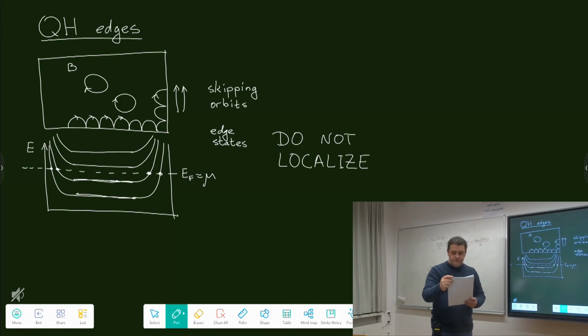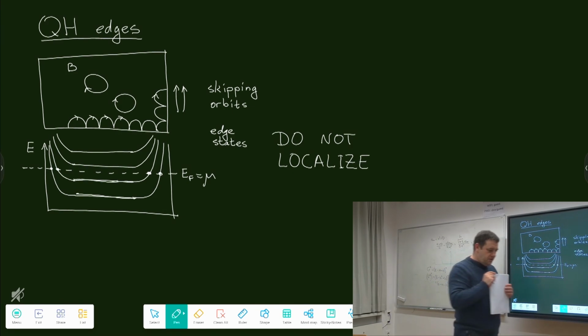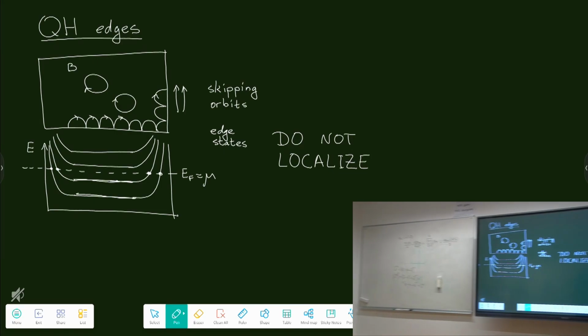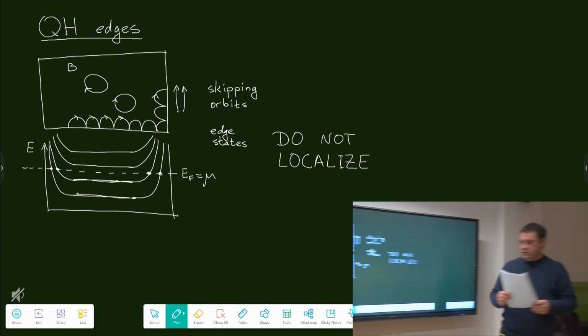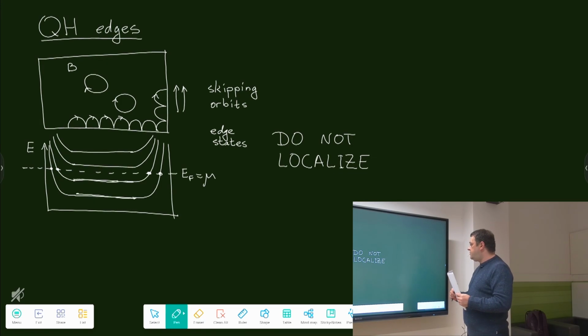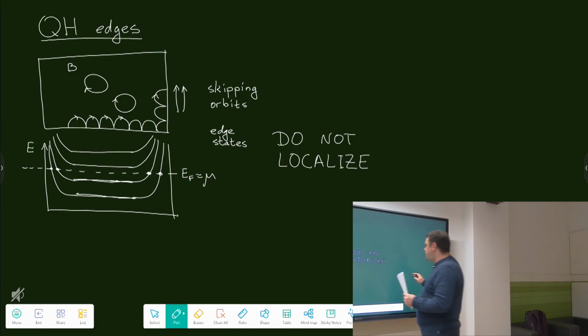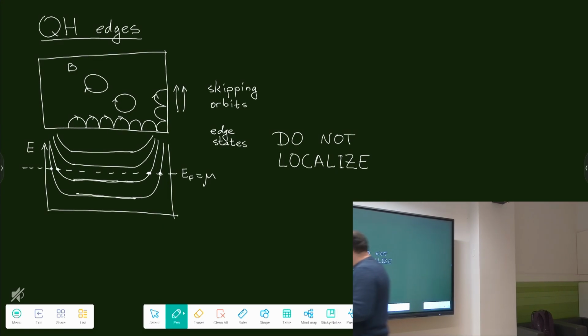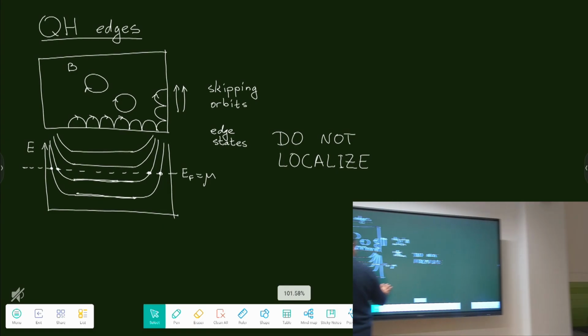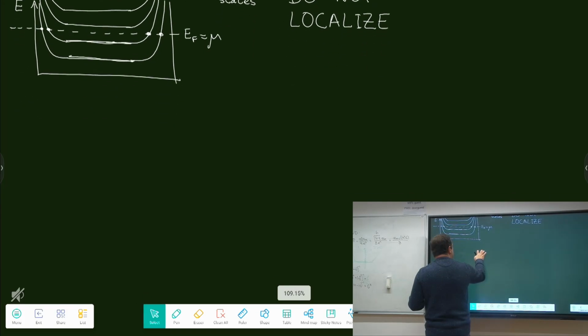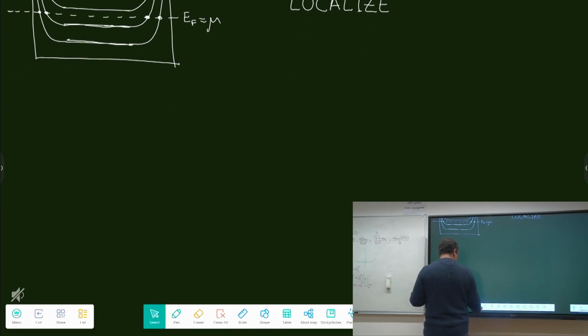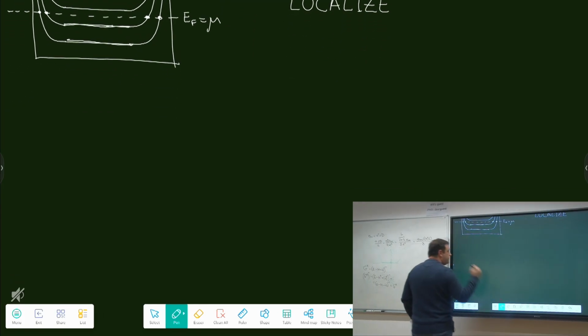Okay, so as usual, for a disordered system, we would like to have a description in terms of the sigma model, because this is the proper description for any disordered system, which captures the relevant degrees of freedom. So we will have something which I call the edge sigma model.